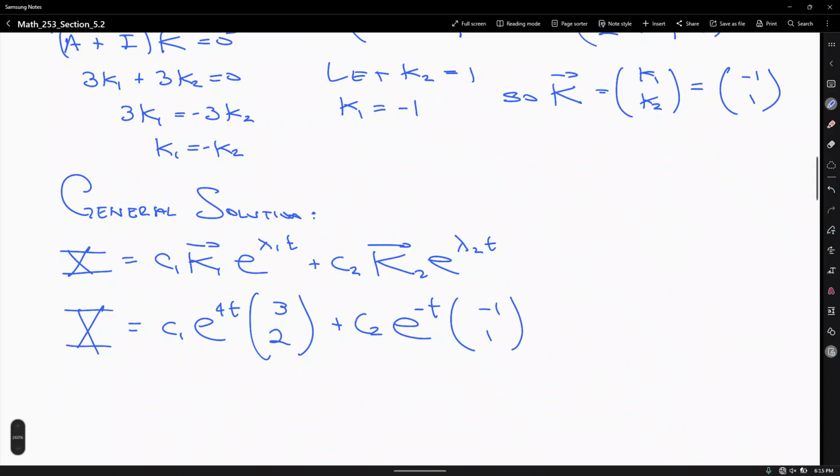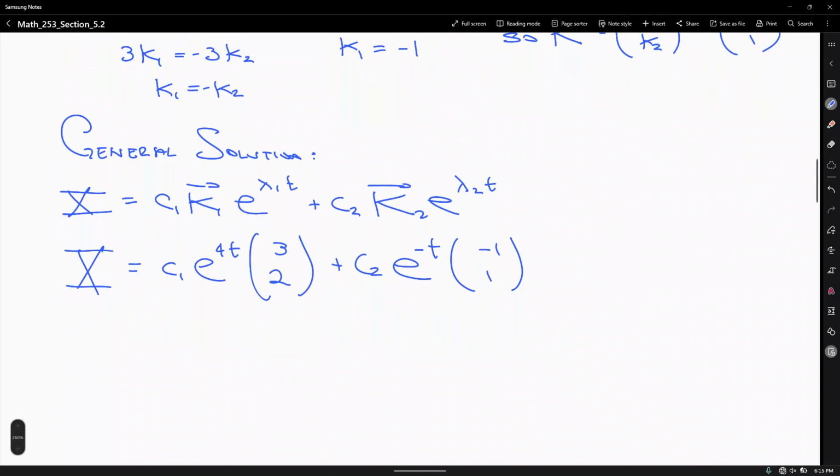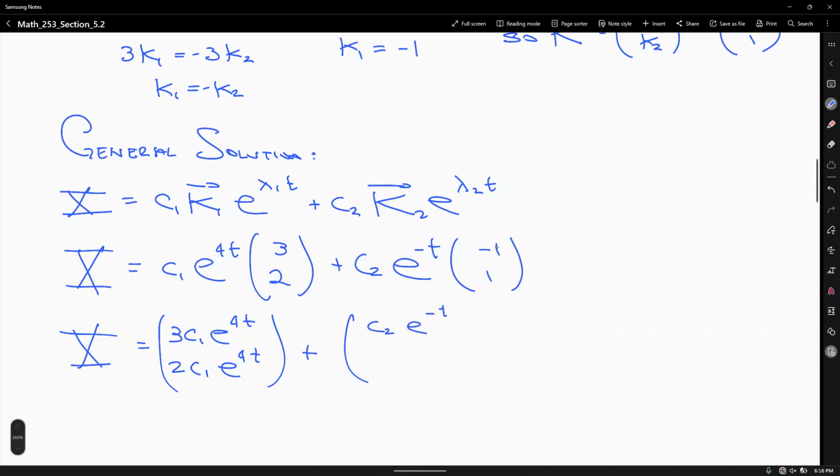Let me do a little bit of extra work just to show you different ways you may see this. So I'm going to multiply C1 e to the 4t times 3 and times 2 to come up with another column vector. That is C1 e to the 4t times 3 and 2 times C1 e to the 4t. That's one column vector, plus C2 e to the negative t, but actually times the negative 1 makes it a negative in the front here.